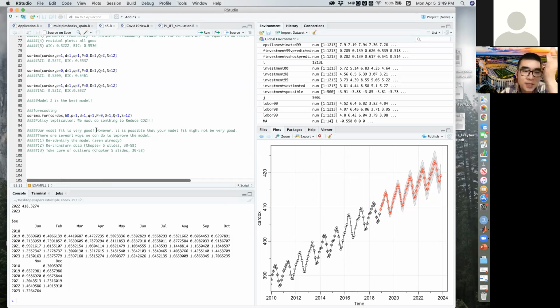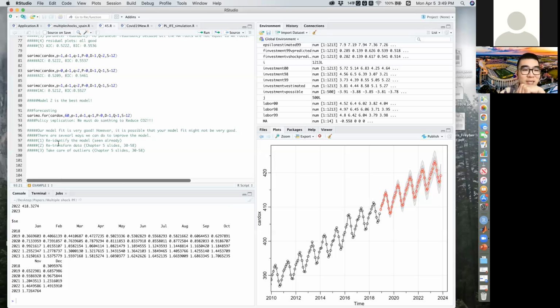Okay, but it is possible that even if you try a bunch of different seasonal ARIMA models, you still cannot find a very good model. This is highly possible and very possible if your data is not very clean data. Okay, so there are actually several ways that we can do to improve the model.